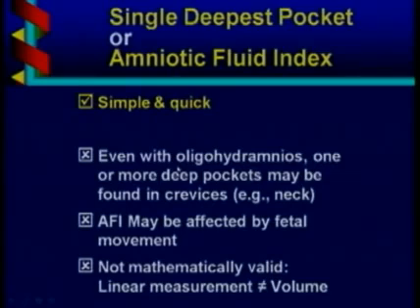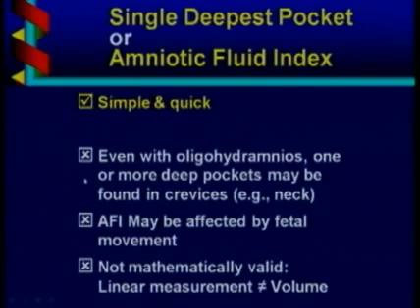Even with oligohydramnios, you can have 1 or more deep pockets that don't have much fluid in them, such as in crevices in the fetal neck or between the fetal legs. The amniotic fluid index can be affected by fetal movement from one quadrant to another. And another problem with these semi-quantitative methods is they're not really mathematically valid.